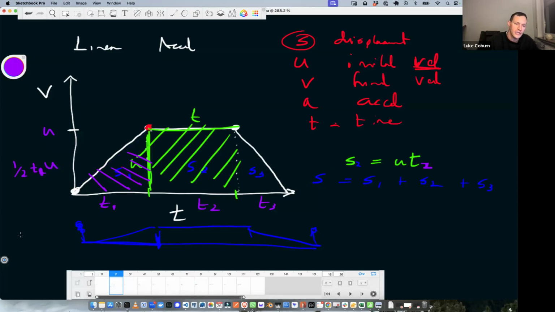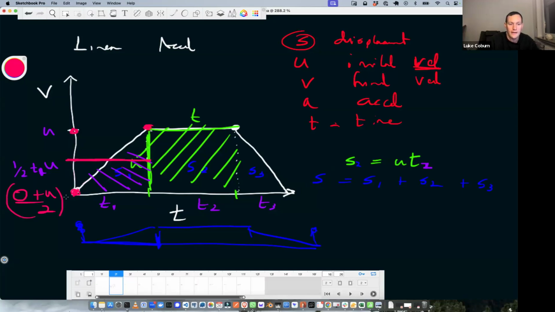And if you think about it, instead of thinking about the particle that goes from 0 up to the speed of U, we could think about the average speed, which would be (0 plus U) over 2. Instead of a car that's speeding up, we could just think of a car that's going at a constant average speed between those two values.